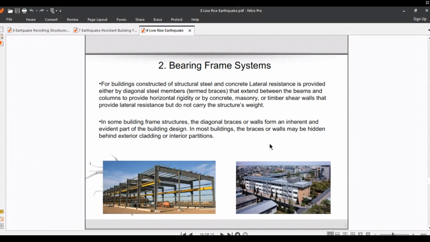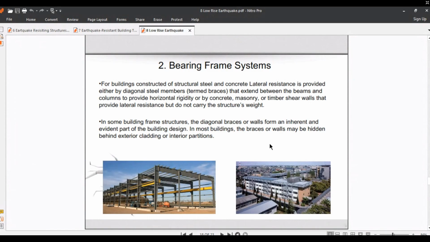For buildings constructed of structural steel or concrete, lateral resistance is provided either by diagonal steel members or braces that extend between the beam and column to provide horizontal rigidity, or by concrete, masonry, or timber shear walls that provide lateral resistance but do not carry the structure's weight.